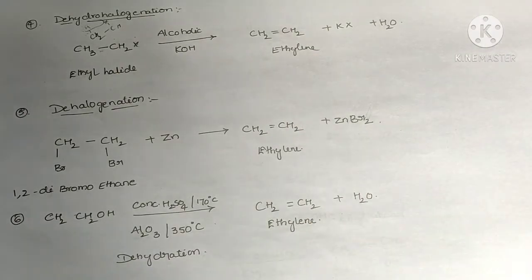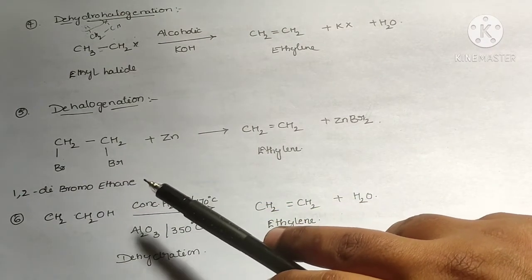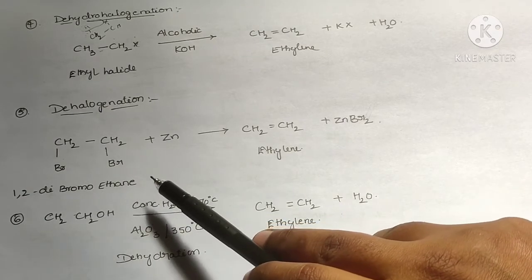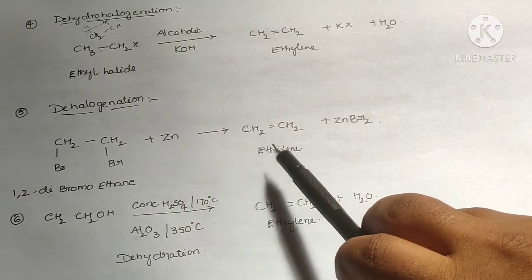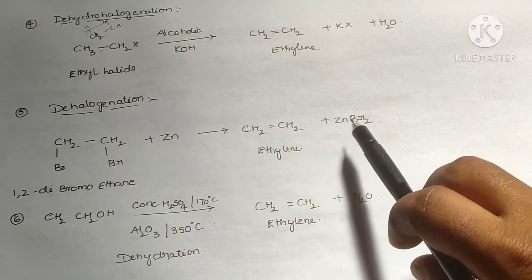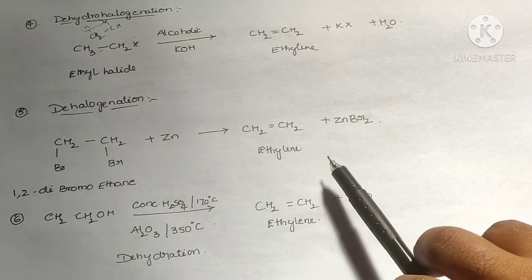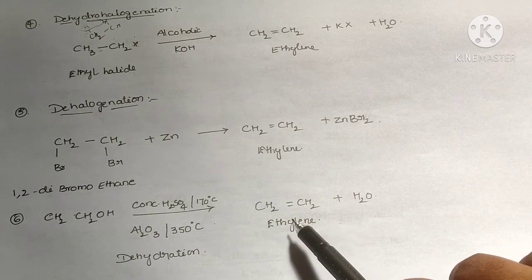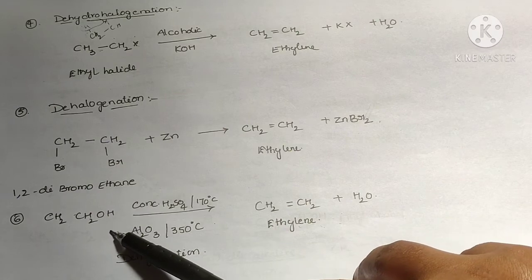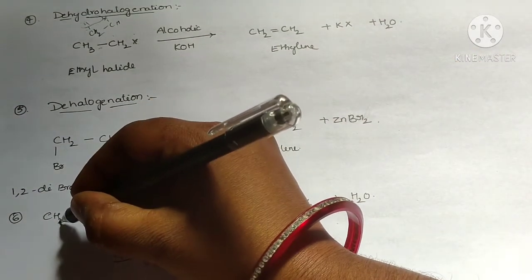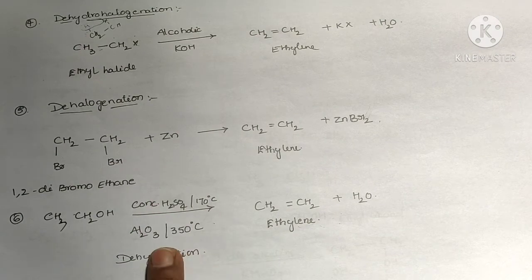And the next preparation for the alkene is taking 1,2-dibromoethane, and then passing it through zinc. On adding zinc powder, it produces ethylene; the zinc takes away Br2. And the next preparation for ethylene is to take ethyl alcohol, CH3CH2OH, and then add concentrated H2SO4.